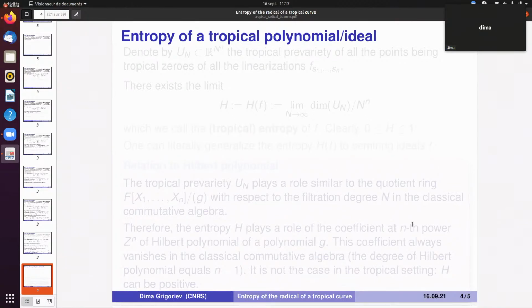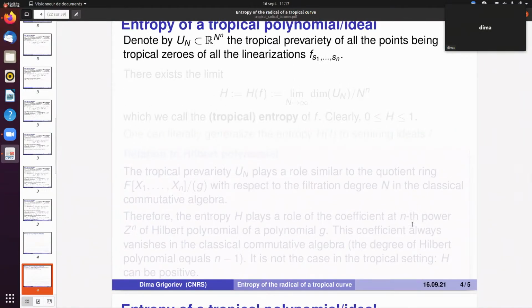But unfortunately, this does not work in the tropical setting, because in the tropical setting there is no reasonable concept of the quotient space. So we would like to replace it by the asymptotics of the behavior of the dimensions of these components. Okay, so we denote by U capital N the tropical prevariety of all the points being tropical zeros of all the linearizations.